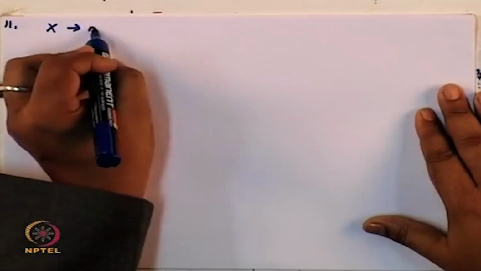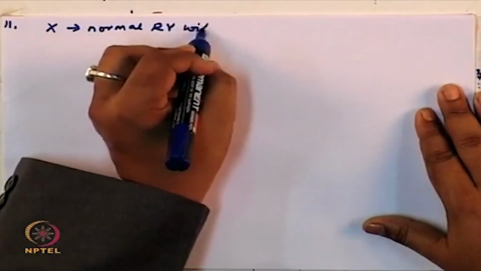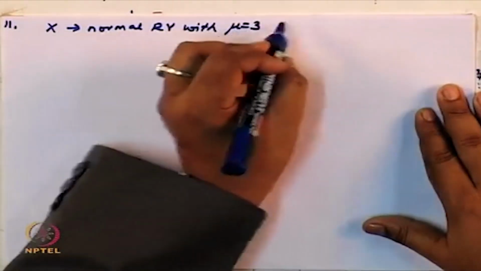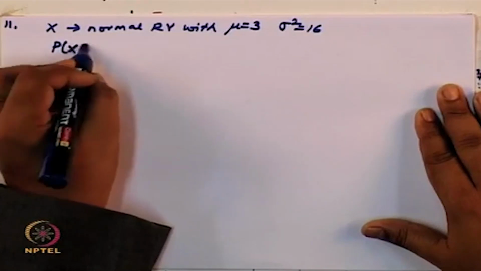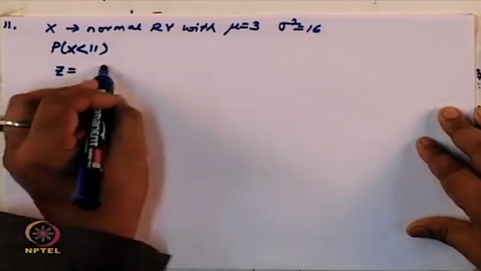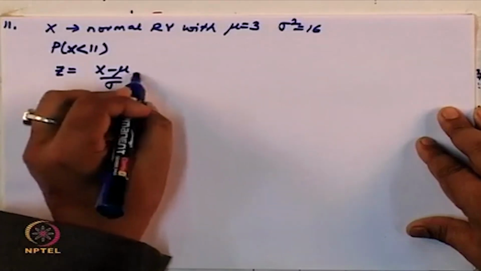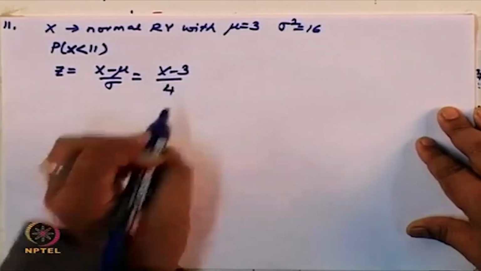Let us just take one sample example. If x is a normal random variable with mu equal to 3 and sigma square equal to 16, we want to calculate the probability of x less than 11. How do I calculate it? I just define z equal to (x minus mu) by sigma. In this case, it is (x minus 3) by 4.